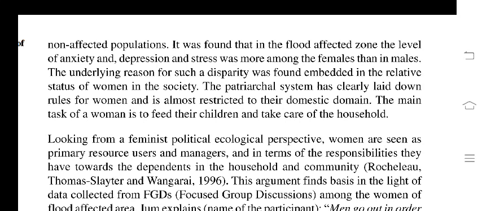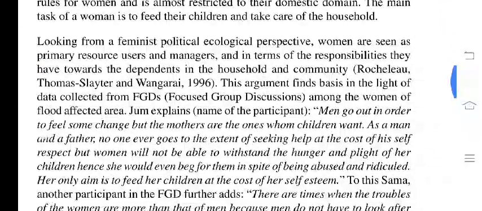The underlying reason for such a disparity was found embedded in the relative status of women in society. The patriarchal system has clearly laid down rules for women and almost restricts them to their domestic domain. The main task of a woman is to feed her children and take care of the household.